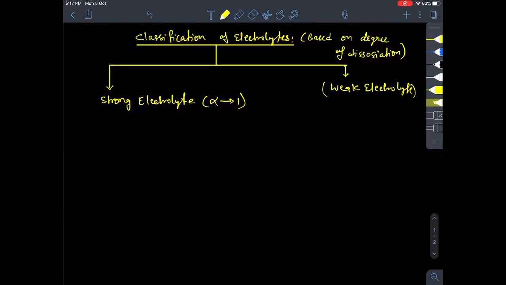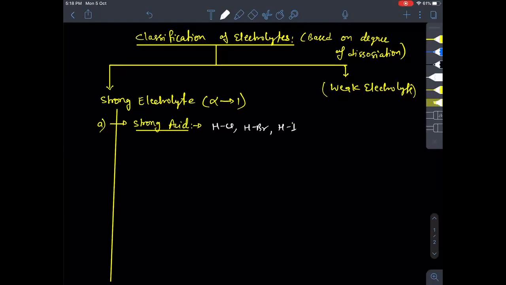Now let's have some examples. Like if I'll try to describe, under strong electrolyte, we may get strong acids, like, guys, you know, HCl, HBr, HI, right?